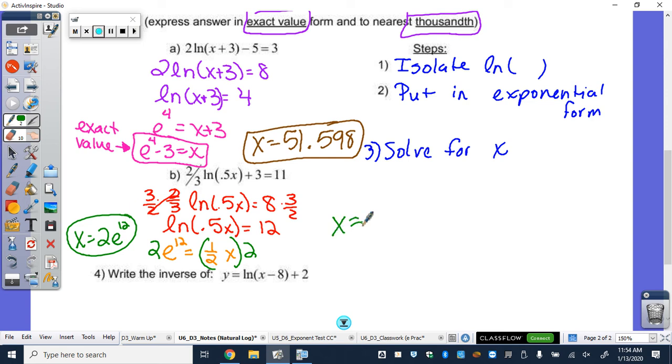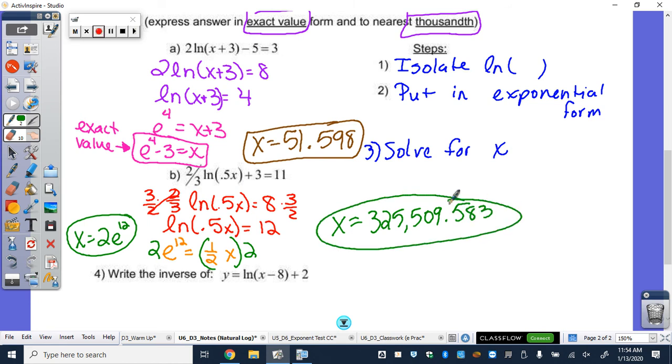So go ahead, type in 2e to the 12th. We'll figure out what our value is to the nearest thousandth. It's going to be a really large number. 325,509.583. There was a 2, but the 8 after it makes it round up to a 3.